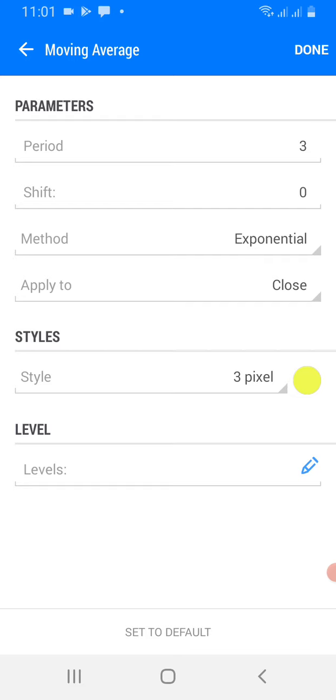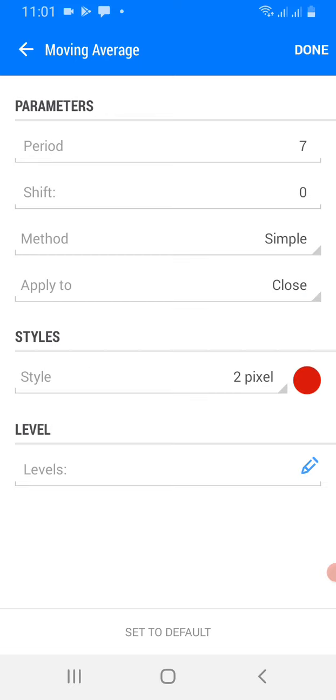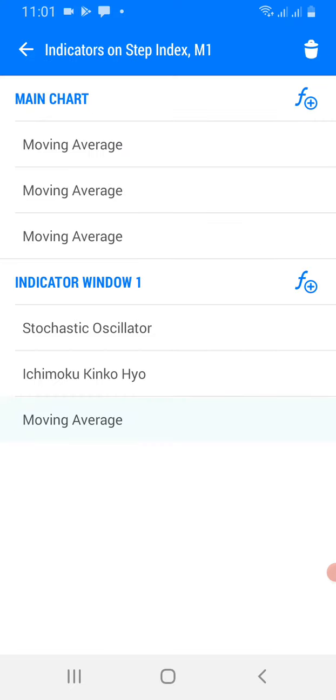To make it easier, I'm going to delete the indicators, so I will have to set them again so that you guys can just follow along. It will be easy for you to set your indicators also.